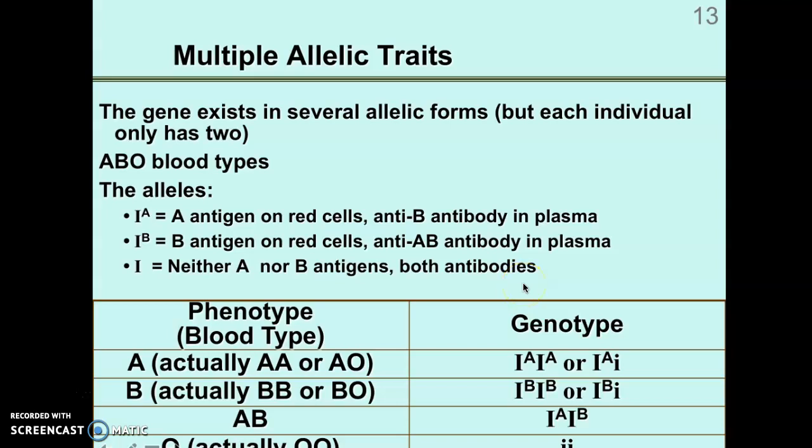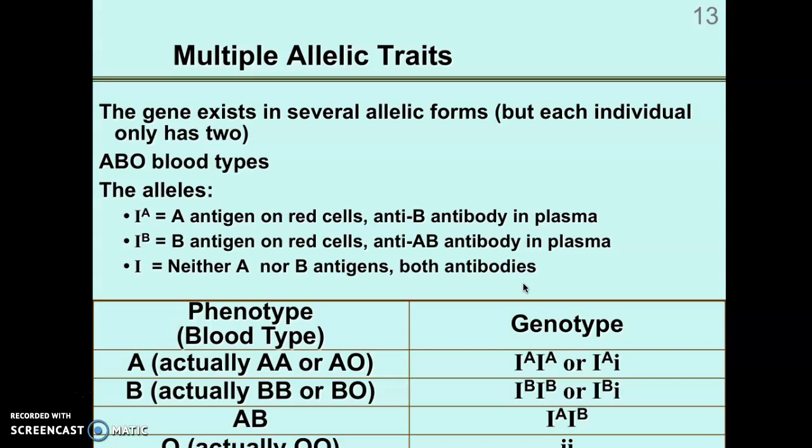Now we can have traits that are what we call multi-allelic, meaning they have many alleles. That gene has several allele forms. One example is our blood type, what we call ABO blood type.